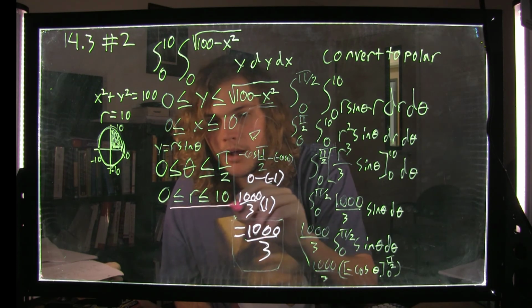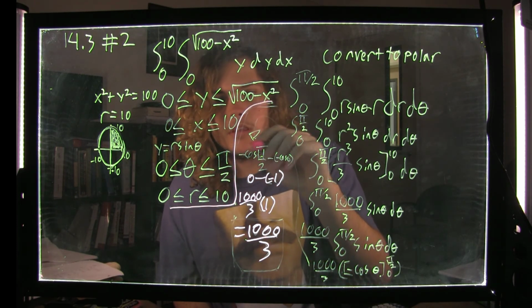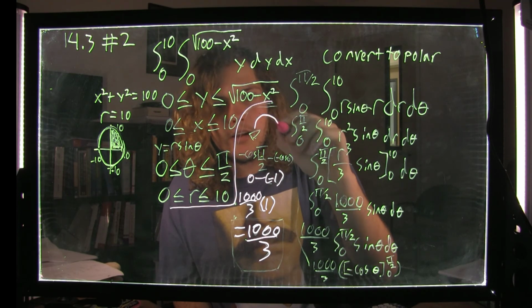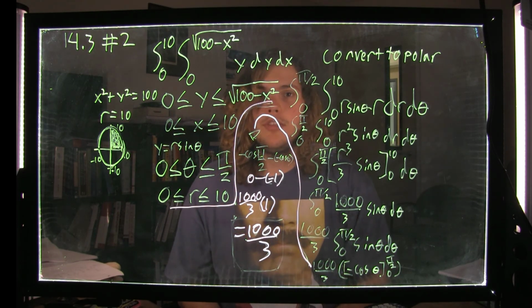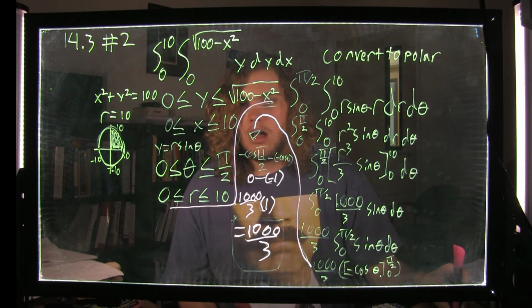Let me box this guy off here, and that's my nice little arrow coming all the way from down here. And so that's how you do that. Fun times.